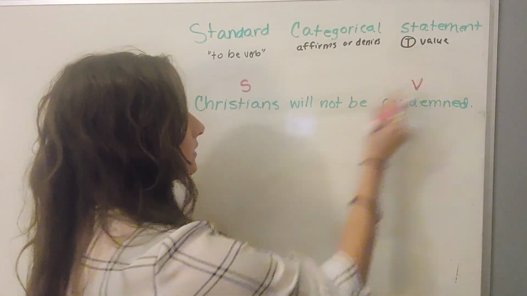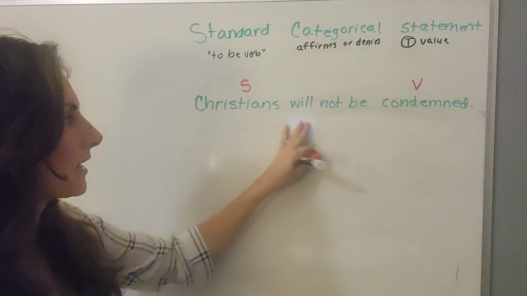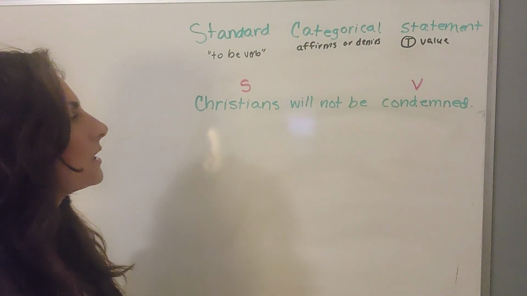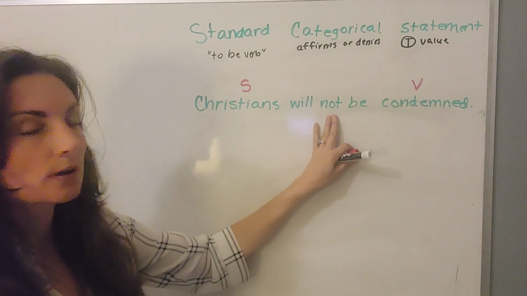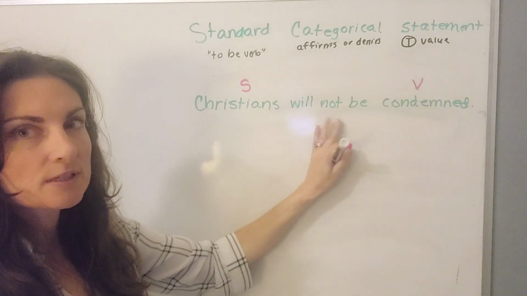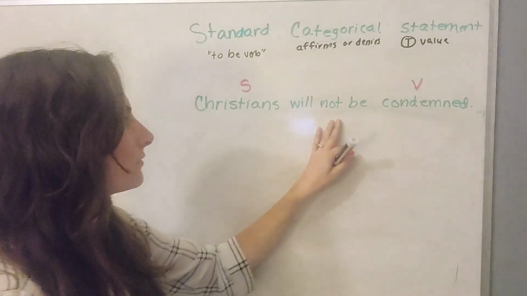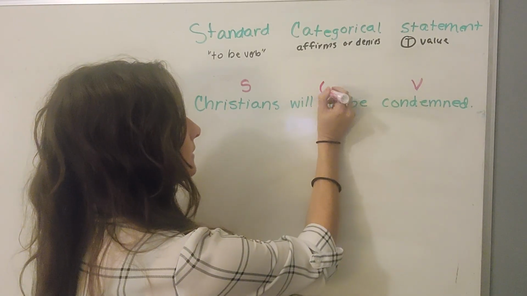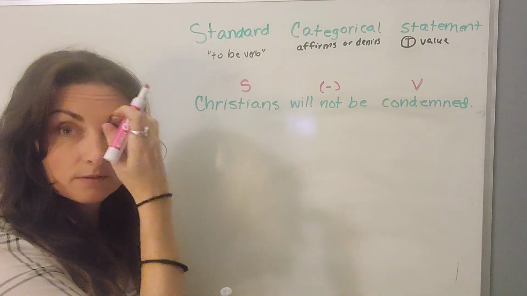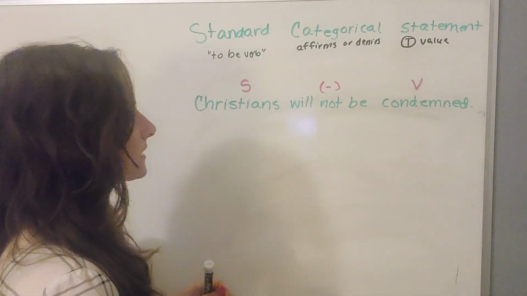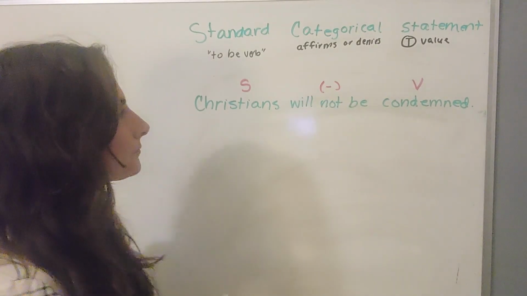So this is our verb, and we actually have some helping verbs here too. So I also want to point out this word here, not. So this is a negative word. So I'm going to go ahead and note it up here. That means negative, and that's going to help me when I translate into the categorical part.